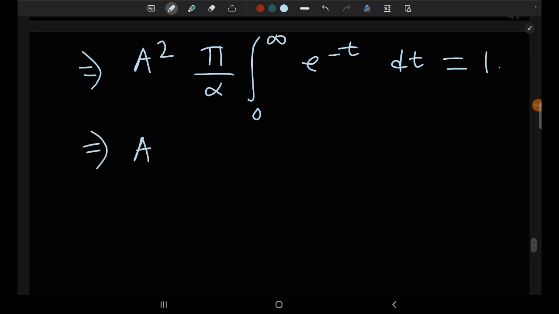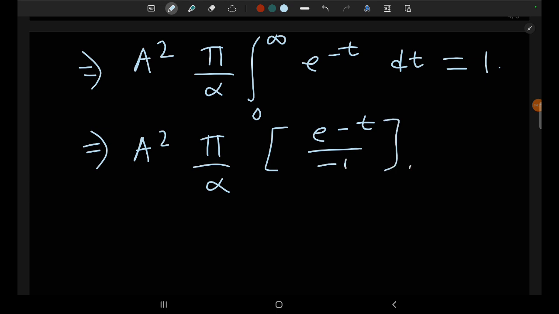So a squared pi upon alpha, from 0 to infinity. The integration gives e to the power minus t divided by minus 1, from 0 to infinity.